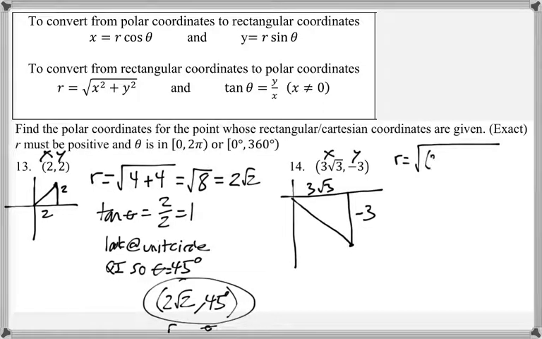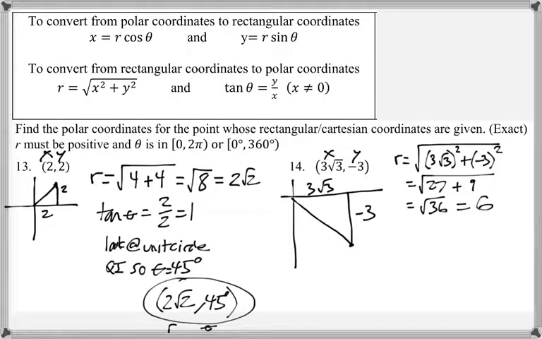So let's actually show the work for this one. And if we square 3 times the square root of 3, and you can type that into your calculator like that, it'll give you 27, and then negative 3 squared is 9. So this will be the square root of 36, which is just 6.